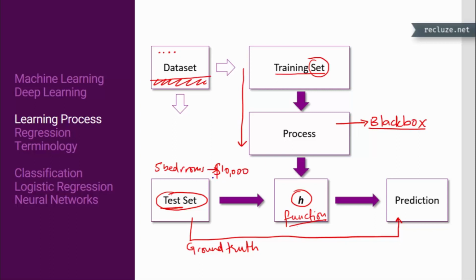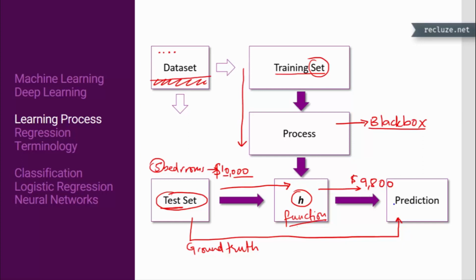That's not realistic, but let's assume I'm in some cheaper market. So 5 goes in, and this h produces, let's say, $9,800. It's not accurate, it's not correct, but it's good enough.